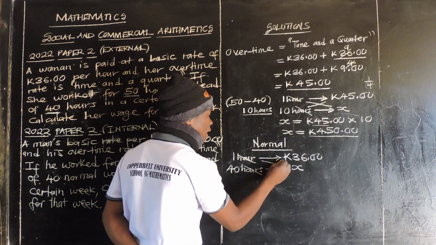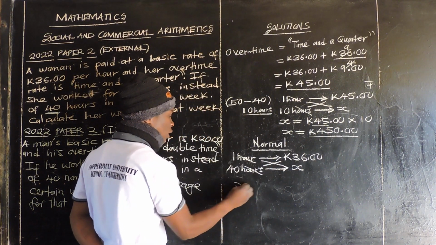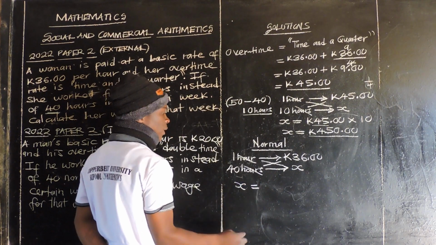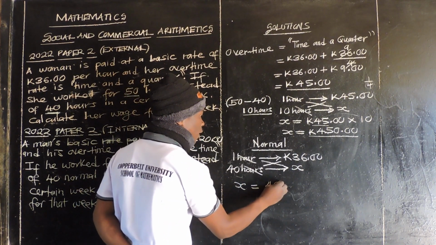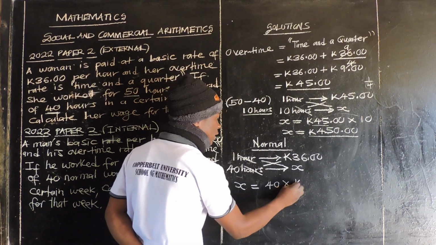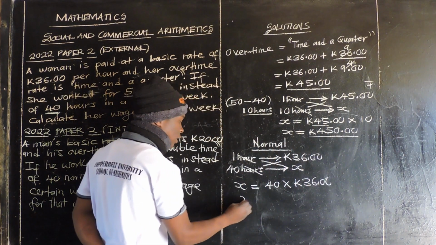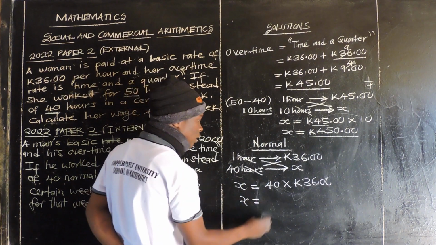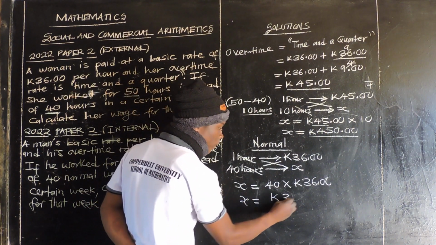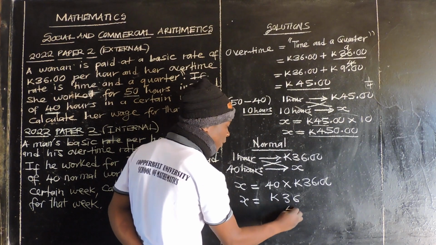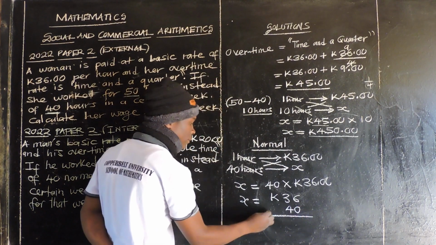We can cross multiply and say 1 times x, you get x is equal to 40 multiplied by 36 kwacha. Are we together, people? So x is equal to 36 kwacha multiplied by 40.